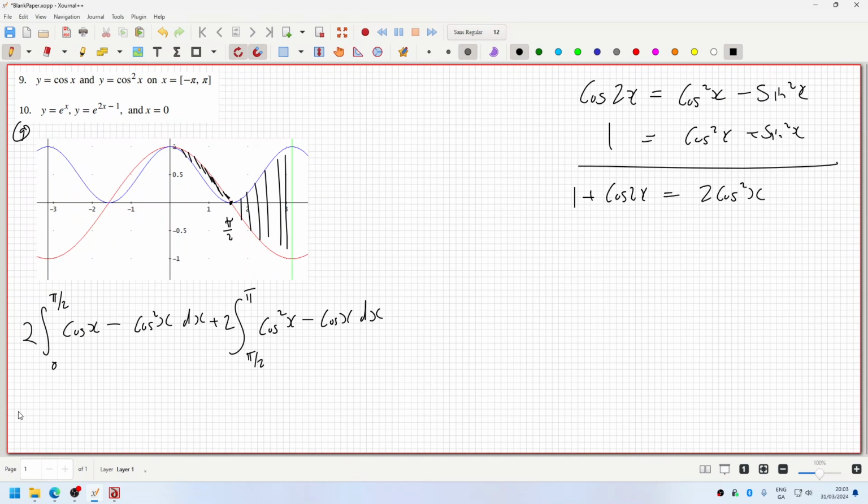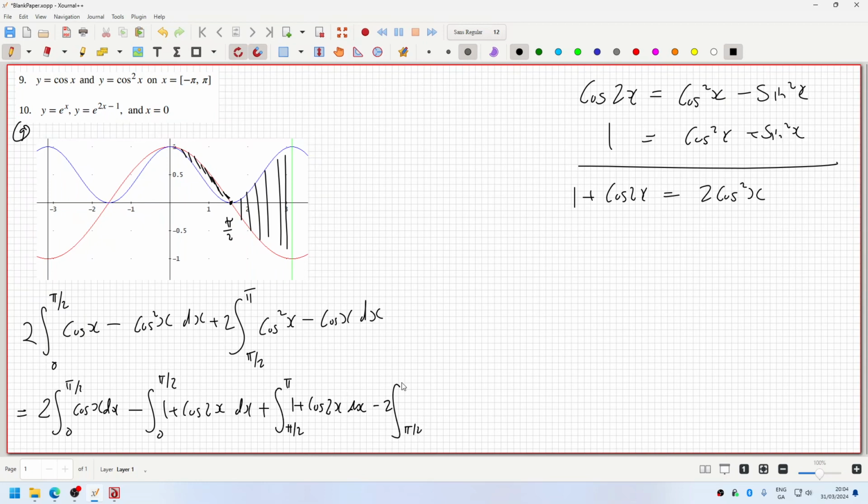So this would be 2 integration 0 to pi over 2 cos x minus integration 0 to pi over 2 of 1 plus cos 2x dx, plus integration pi over 2 to pi of 1 plus cos 2x dx minus 2 integration pi over 2 to pi cos x dx.